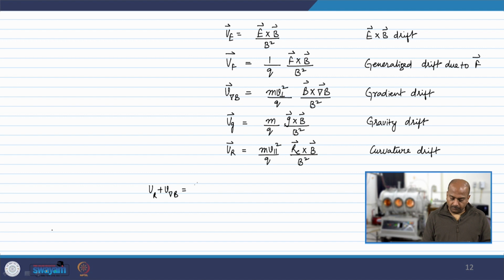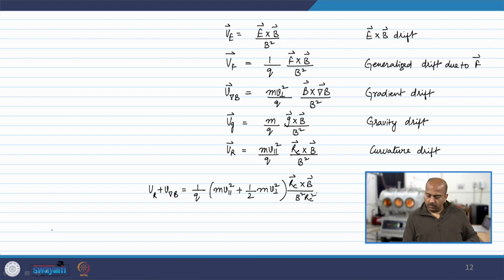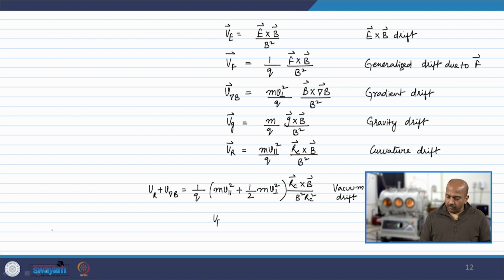V_R plus V del B is 1 by q times m v parallel square plus half m v perpendicular square times R_C cross B by B square R_C square. What is this? This is the vacuum drift.